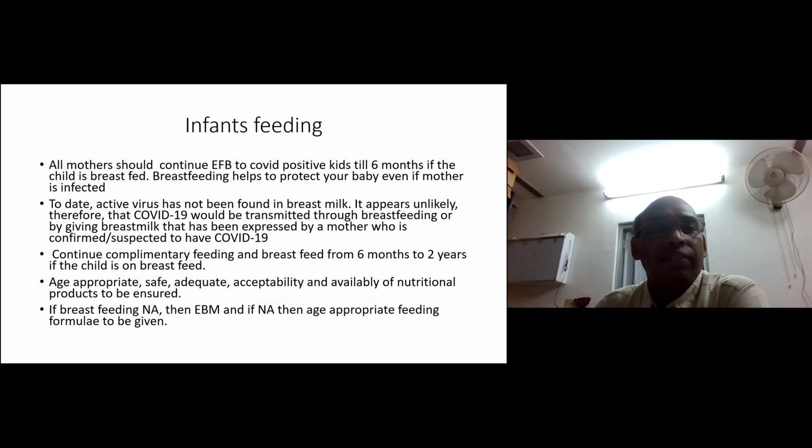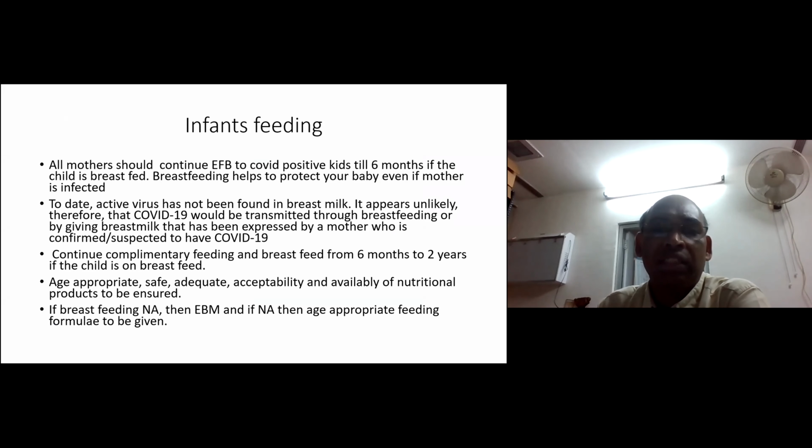Coming to the feeding part, if the child is on breastfeeding and is less than 6 months, he must be continued on breastfeeding. We must assure the parents and mother that it should be given as long as no active virus has been detected in the breast milk.